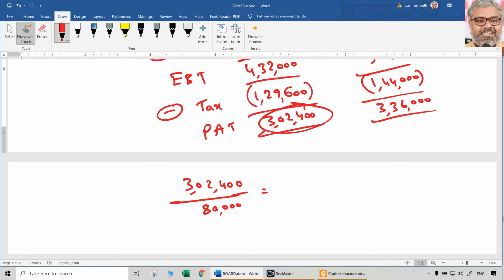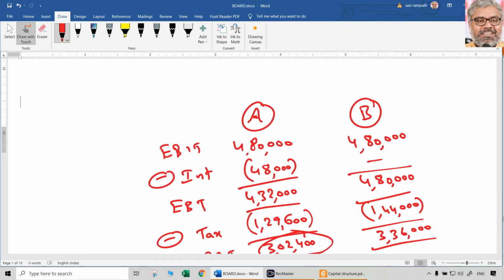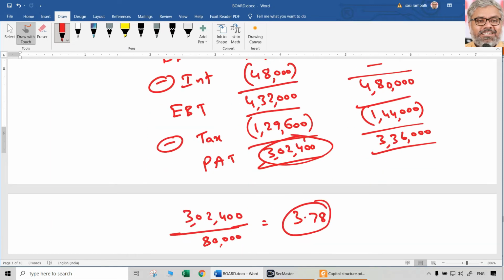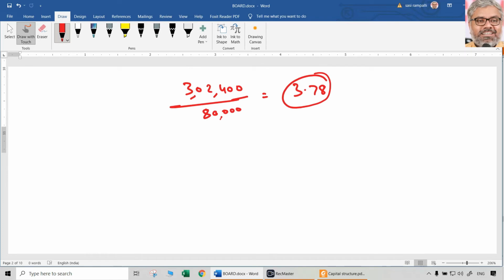That will be equal to EPS. So 3,02,400 divided by 80,000, EPS is 3.78. When you say indifference point, that means both options have same EPS. So option B also should have had same EPS.